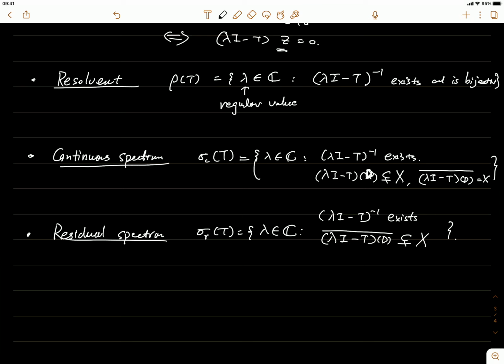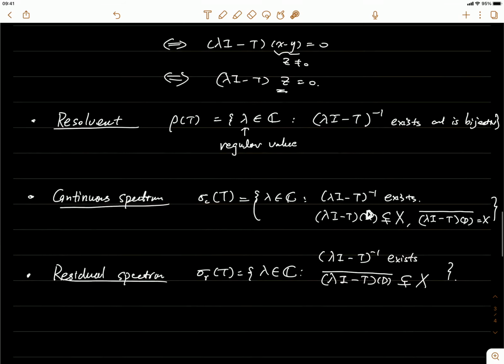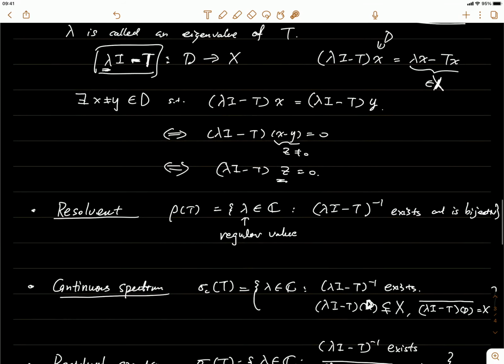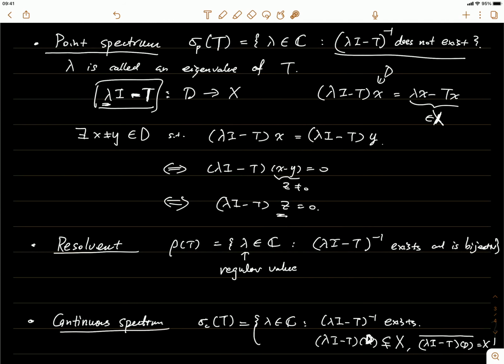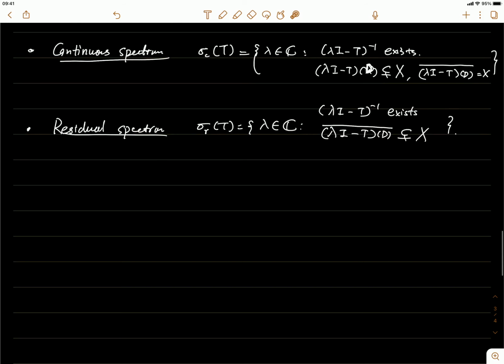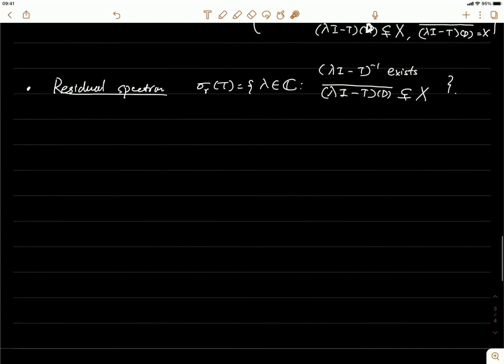For infinite dimensional cases, these two scenarios may also happen, so lambda could be these two as well. If X is only finite dimensional, then only the first two can happen. Okay, so that's the definition for them.